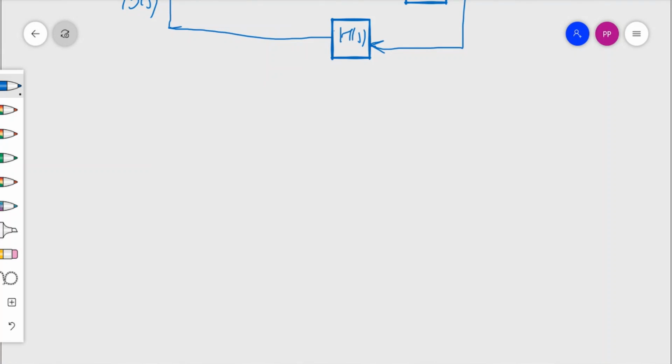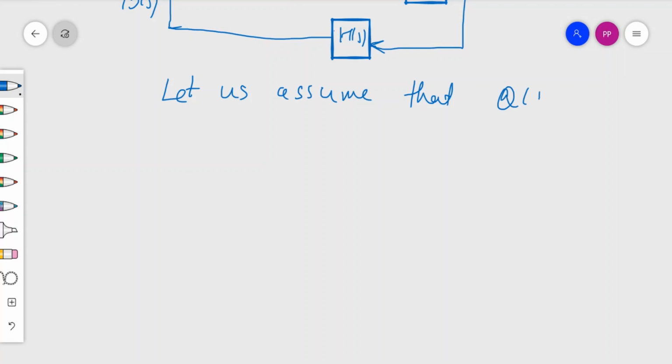Suppose we assume that Q(s) equal to 0 at the first instance. So when Q(s) equal to 0 at the first instance, the block diagram will be modified like this.